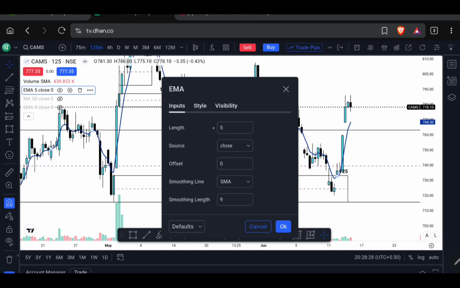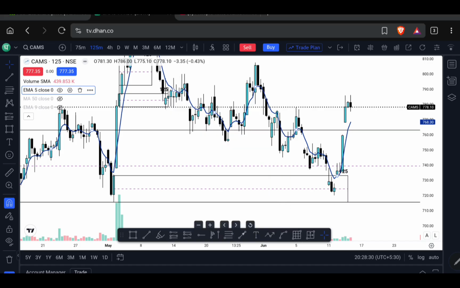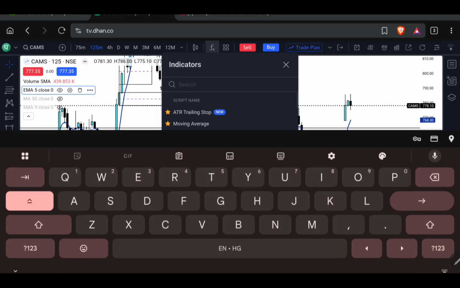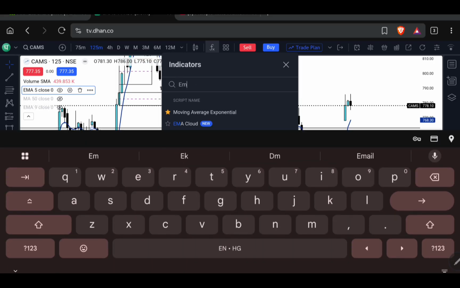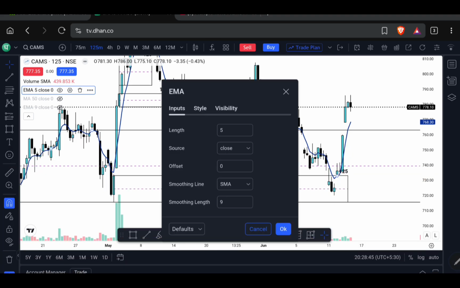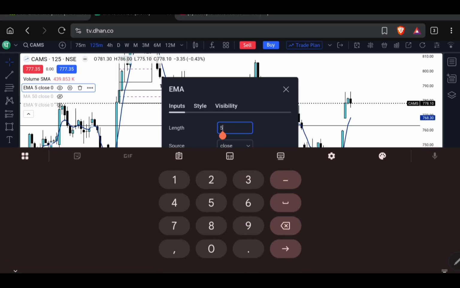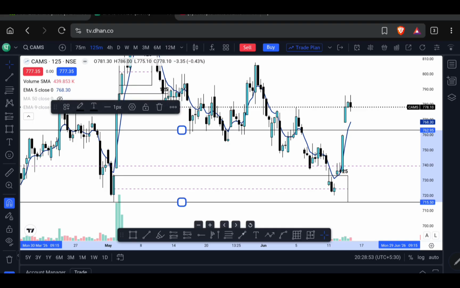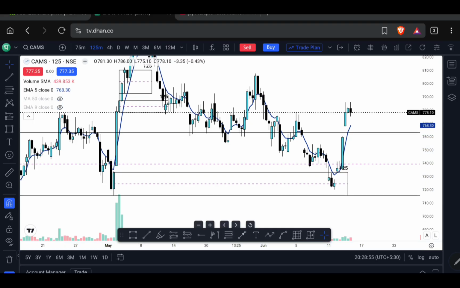If you have to add it, just add EMA from here, type moving average exponential or EMA, and click on it. It will get added here. Initially it will be 9, but you have to edit it to 5. Look, okay, it will get added like this. This blue line is our EMA.